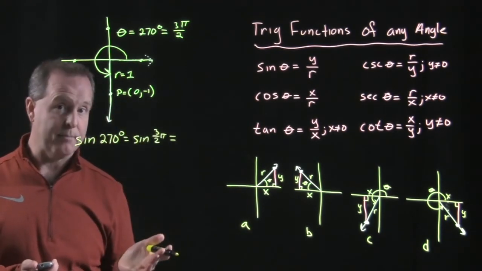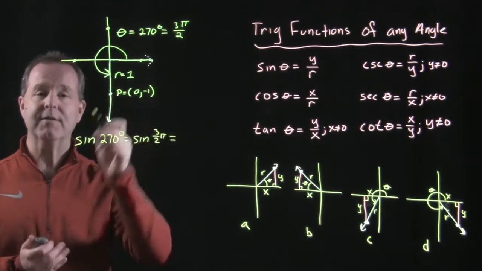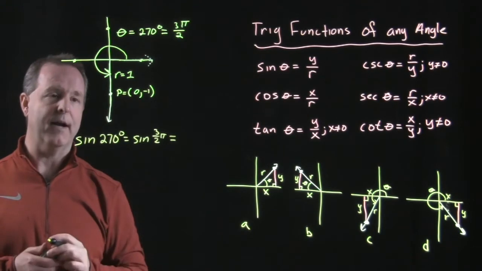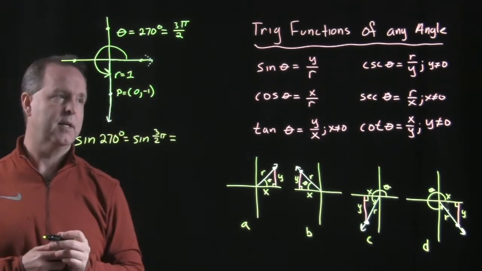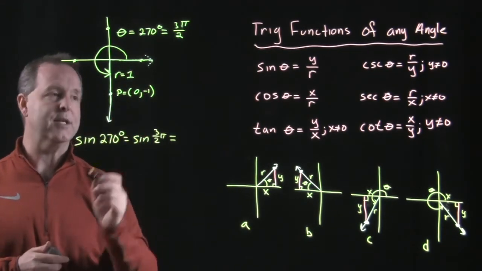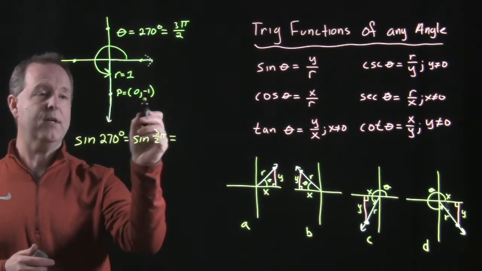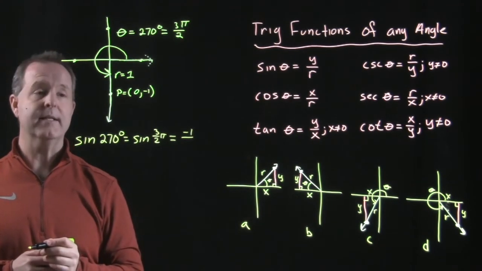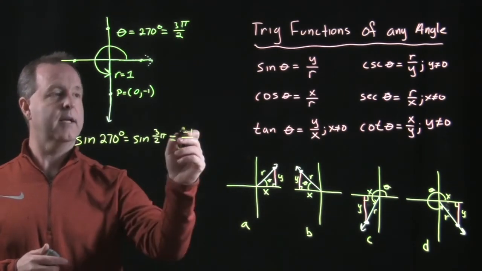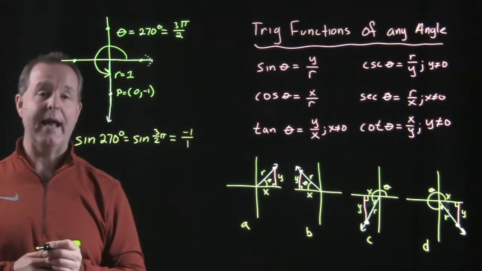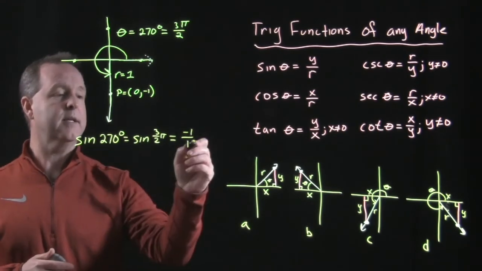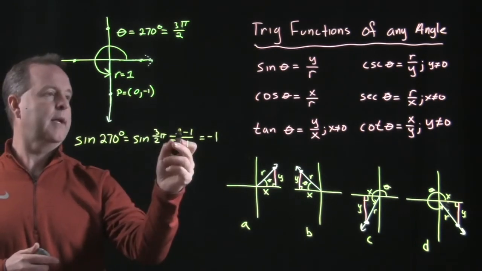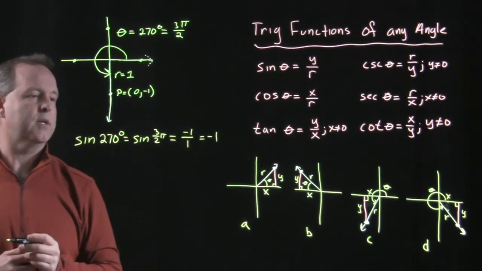The reason we chose that point was simply because it gave us a radius unit of 1 unit. If we chose another number, that would be fine too, but we just want to choose 1 as a radius unit. So our y value was a -1, and our radius, in this particular case, is a 1. So I would have a sine of 270 degrees equals -1 over my radius, which is equal to 1.